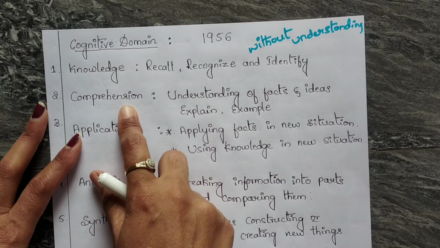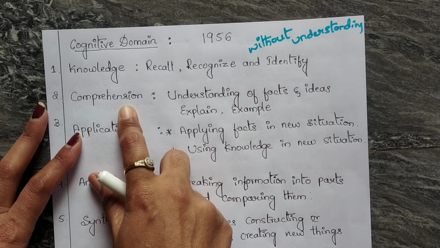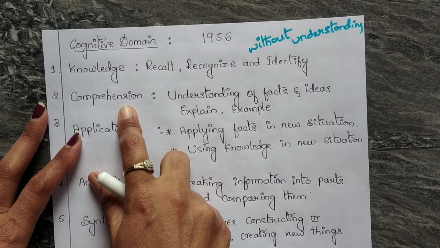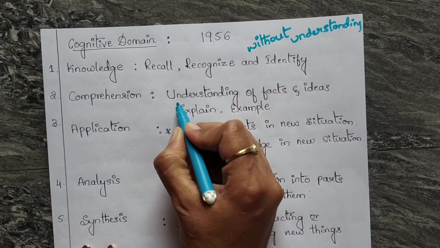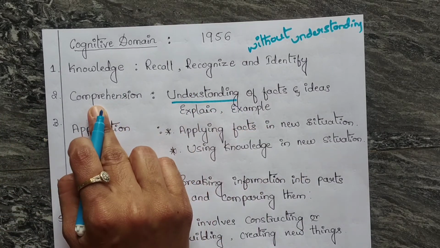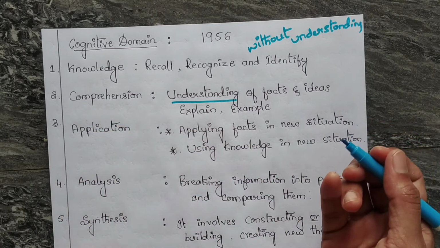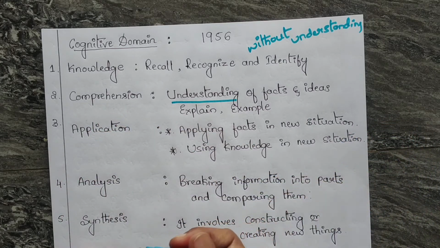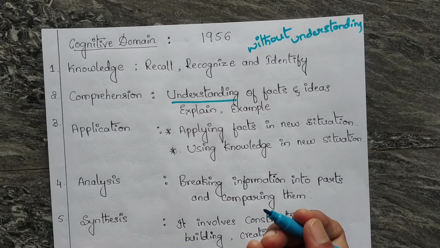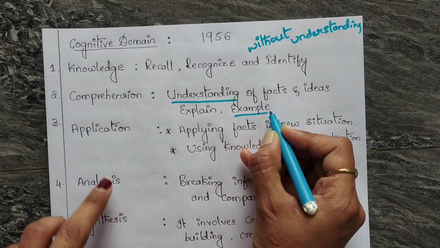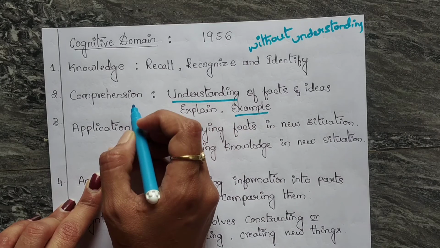Then the next one is comprehension, which involves understanding. At this level, learners will be able to understand facts and ideas, explain them, and give examples.